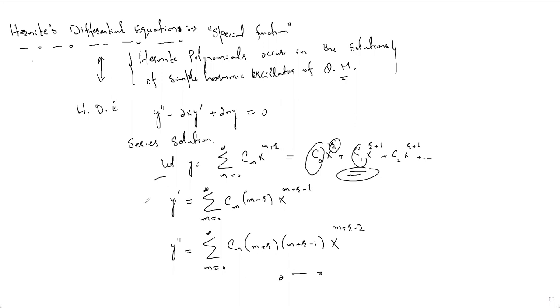Then what is the next step? We substitute this y prime and y double prime in this particular equation, which you can name equation 1. Let me write down the equation on the next page. So y double prime minus 2xy prime plus 2ny is equal to 0, right?